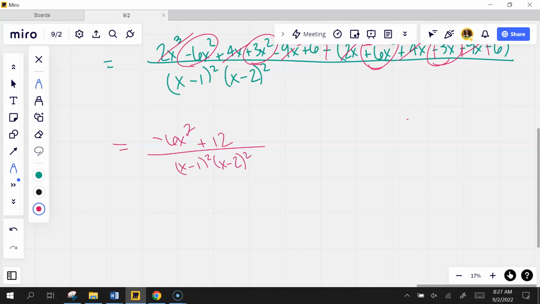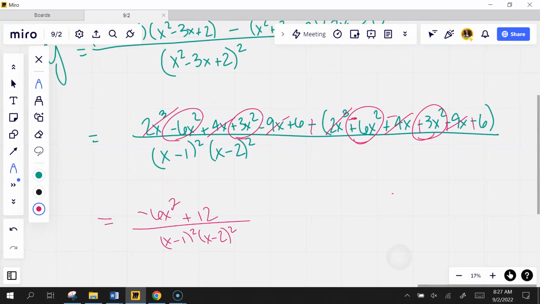Is it about this one? What you got? Okay, so, 2x or 2x cubed? Where'd you get that?